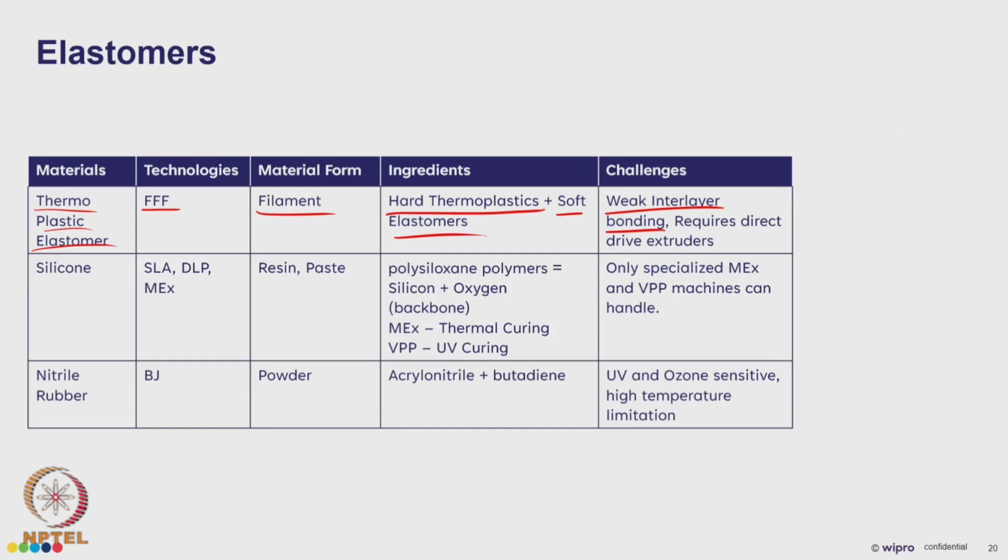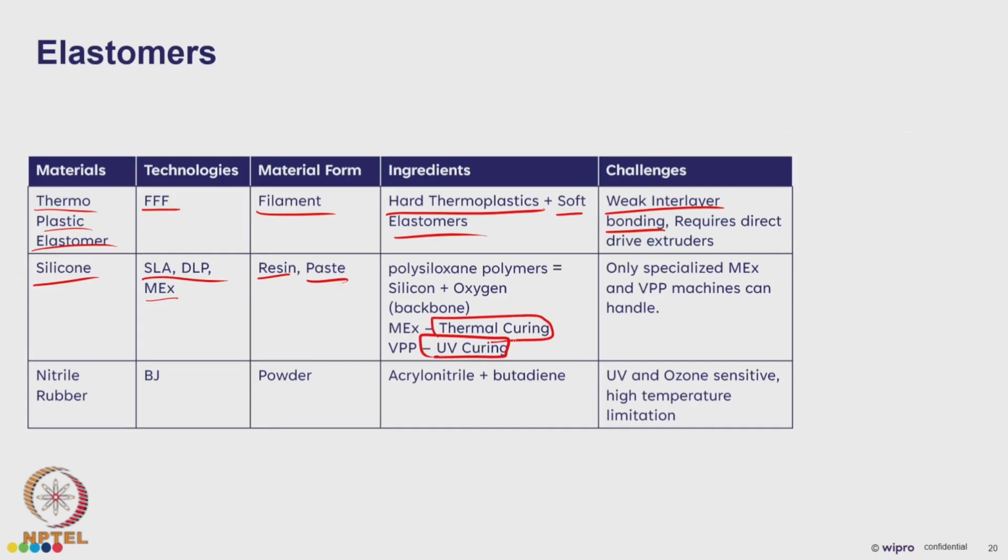The next material we have here is silicone, which is made using SLA and DLP technology for resin, and in the case of MEX, that is material extrusion technology, we use it in the form of paste. In the case of SLA and DLP itself, we use UV curing, but in the case of material extrusion, we use thermal curing.